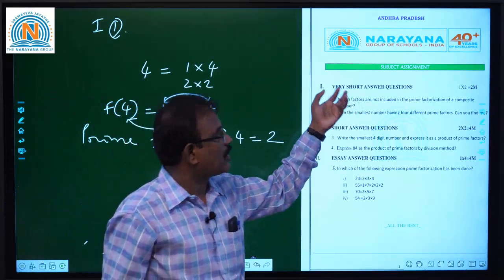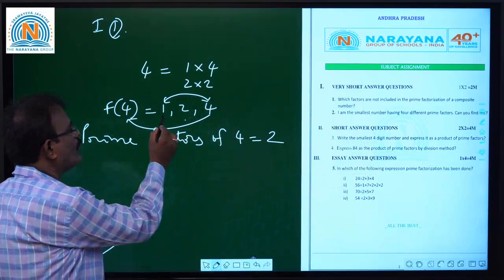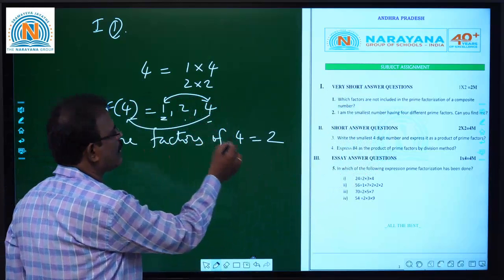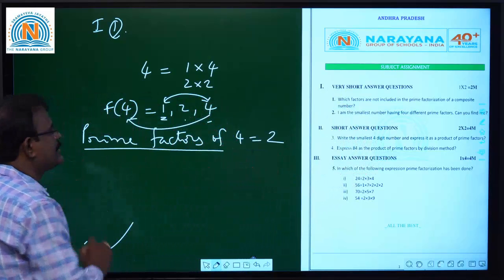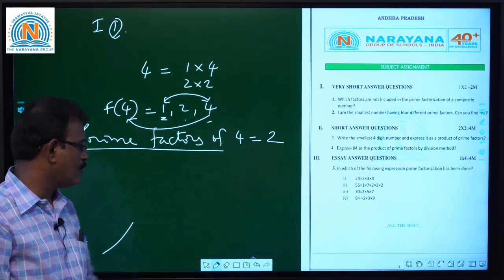So which factors are not included? The number 1 and the number itself are not included in the set of prime factors of a composite number.